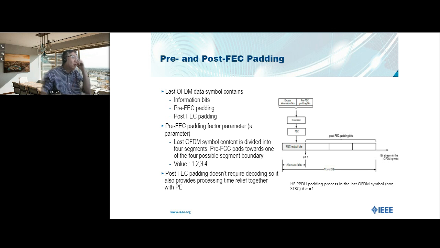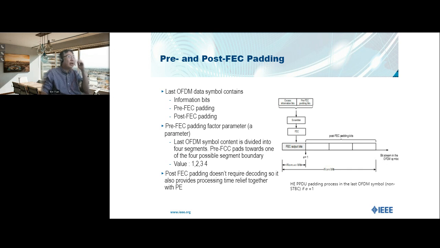A equal to 1 basically means after the information bits and the pre-FEC padding, you only fill 1/4 of a packet. If A equals 2, after encoding with information bits and the pre-FEC padding, you fill half of the packet.